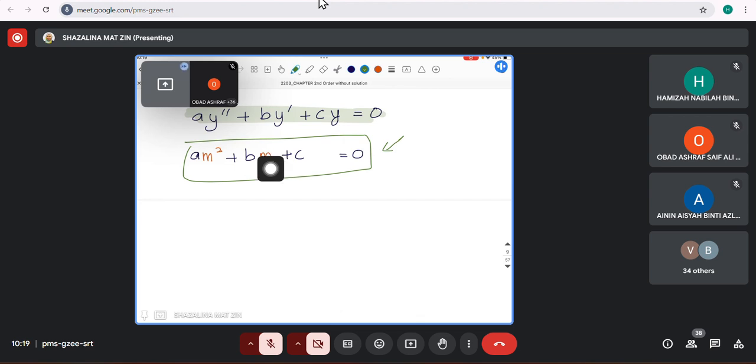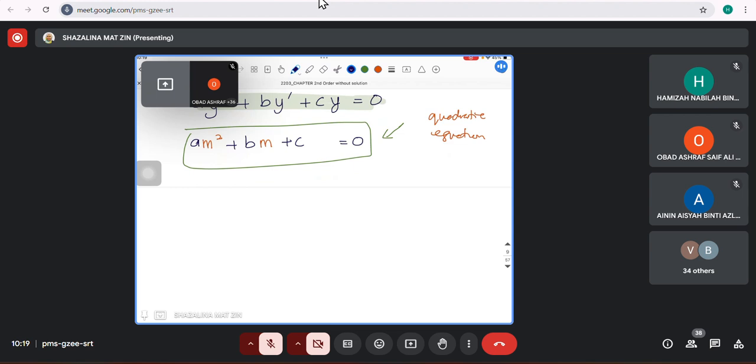Do you remember this form? Another name for this equation is the quadratic equation, if you remember, where we have to find the value of m. Do you remember?